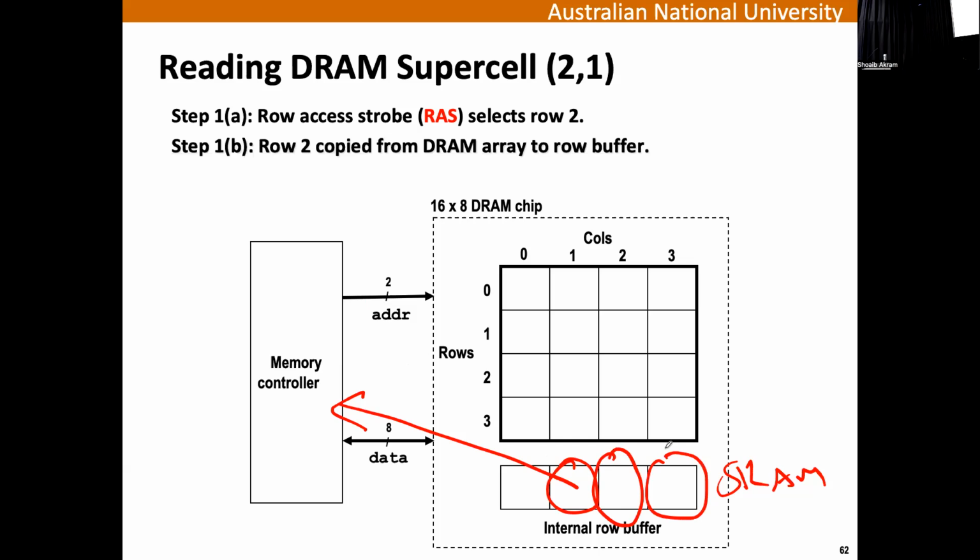I can serve the request from the row buffer, the SRAM that I have placed in my DRAM. Even disks have SRAM and DRAM. SSDs have SRAM, DRAM. Caching, locality is everywhere.